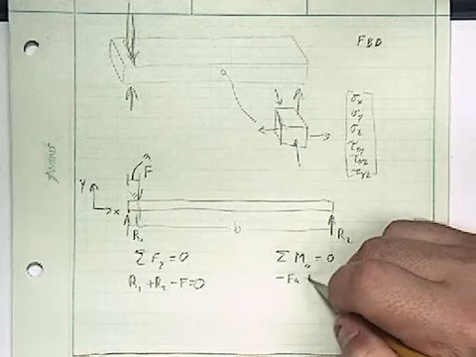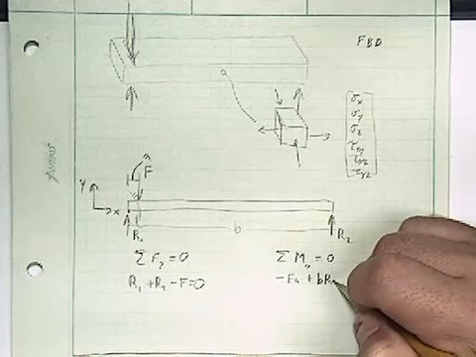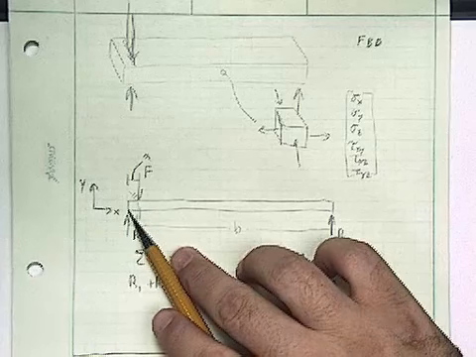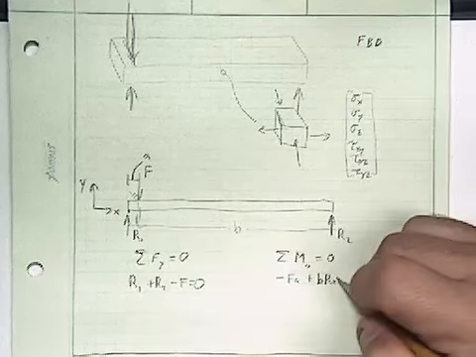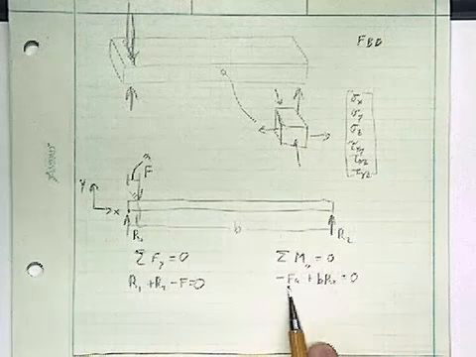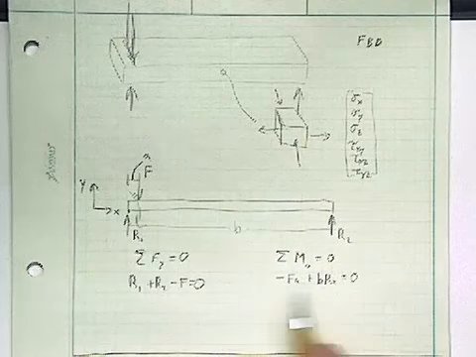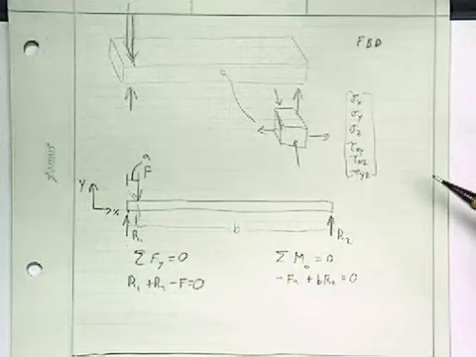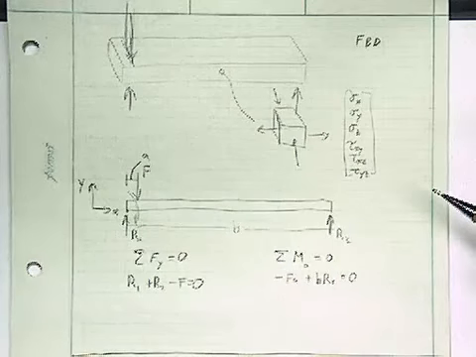I'll say that's positive, plus B R2. R1, it doesn't matter because the distance from where we're considering is equal to 0. So this is equal to 0. So now with these two equations, if I know F and A and B, I can solve for R1 and R2. And that gives me the first step. This is just a simple free body diagram of a beam.